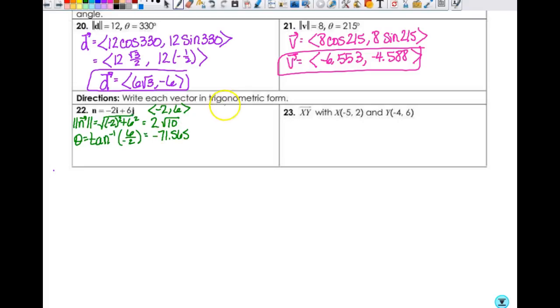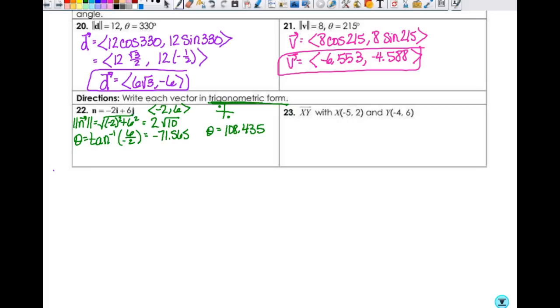This right here is a fourth quadrant angle. This negative 2, 6 is directed towards the second quadrant. So I need to add 180, and then theta is actually 108.435.